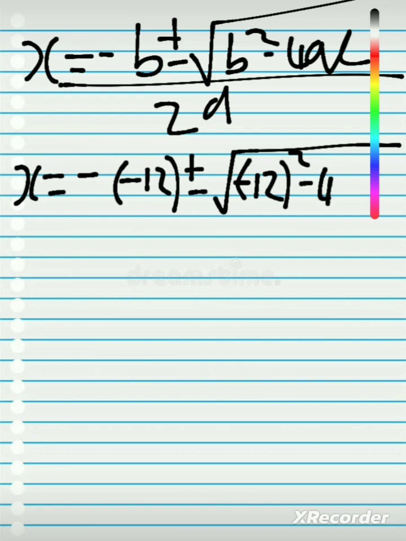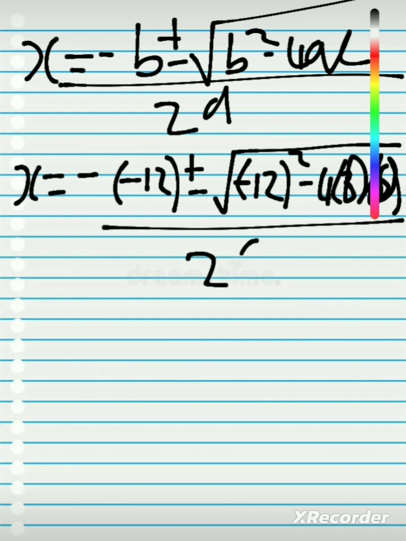What's our a? Our a was 3, and our c was 5. I know it's not visible, but just know that there's 3 and 5 there, over 2 times our a, which is 3.